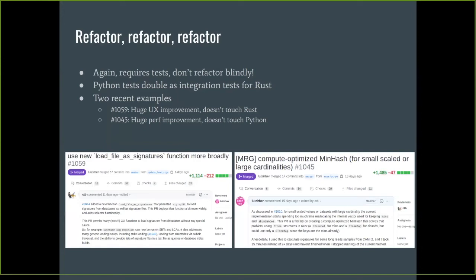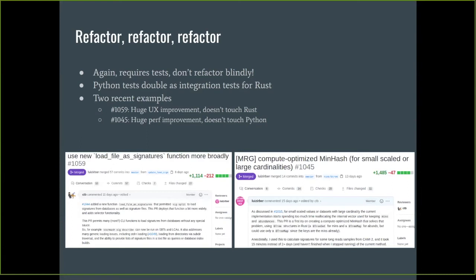And one thing that we do while refactoring is that if we find issues during the refactoring, then we write more tests to be able to cover our bases. Because of how our code base ended up organizing between Python and Rust, we also have the benefit of the Python tests doubling as Rust integration tests. And this separation also allows us to refactor without affecting the other side.